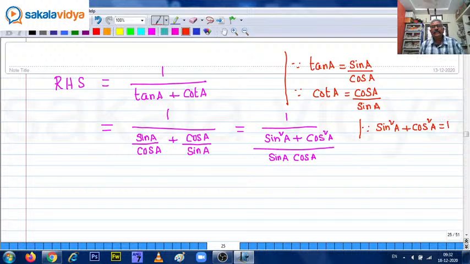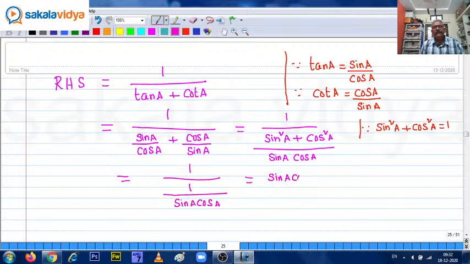So instead of sin square A plus cos square A, we can replace 1. So this equals 1 upon sin A cos A, and its reciprocal you can write as sin A cos A. Say equation 2. Therefore, LHS equals RHS. Hence proved.